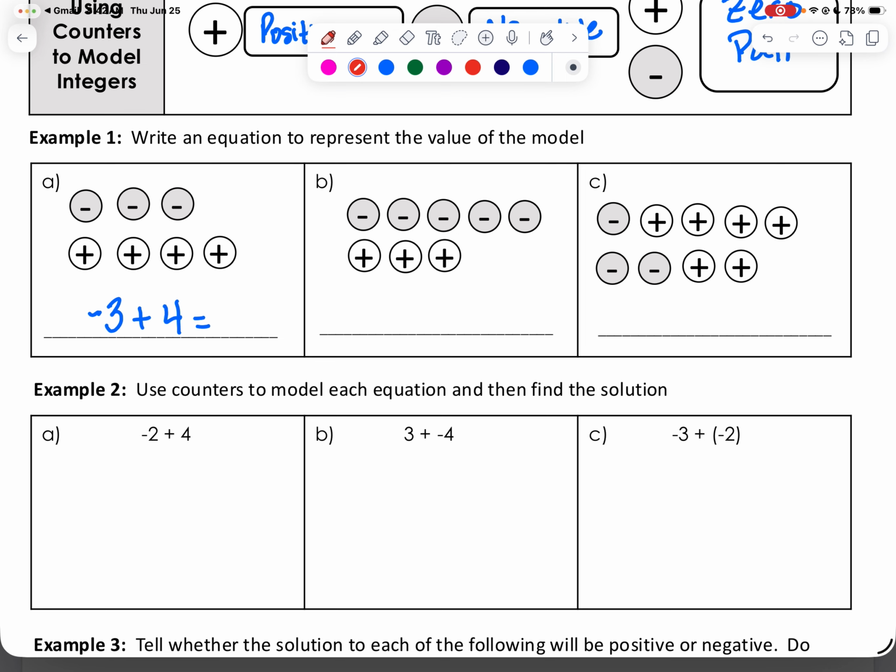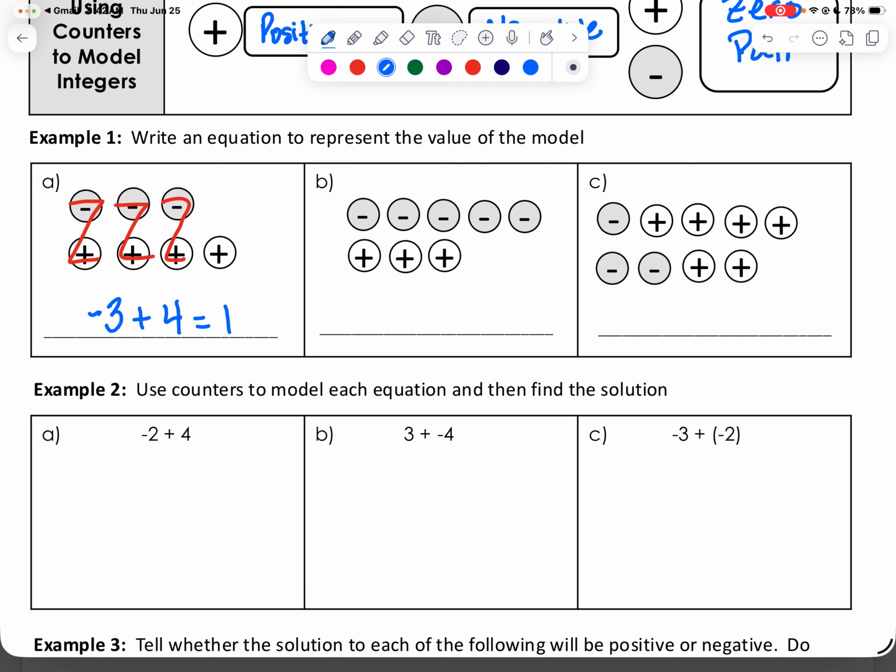We have a negative and a positive. This would zero out, this would zero out, and this would zero out. Whatever's left over is our answer, and we have one positive counter left over, so I'm going to put +1. So when we take -3 and add 4, we get +1.